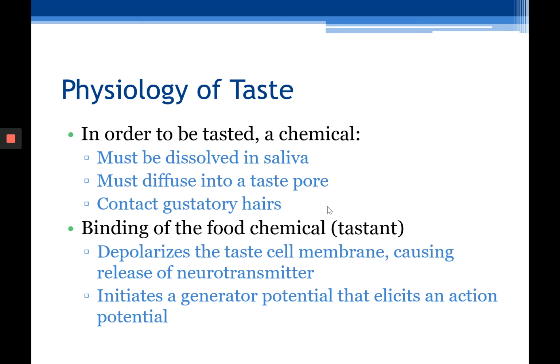Once we have the binding of the food or chemical, which we're calling a tastant (in smell, it was called an odorant), the tastant binds to the gustatory hairs and we see depolarization of the taste cell membrane. We're going to cause release of a neurotransmitter, communication with another neuron at a synapse, and that will at first generate a receptor potential. That receptor potential can become a generator potential in the next neuron, and then elicit an action potential.